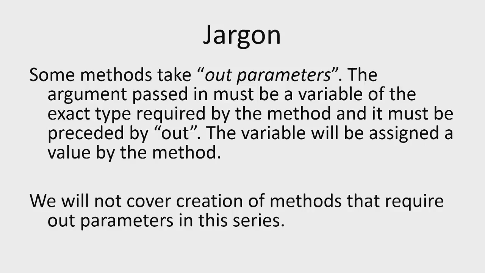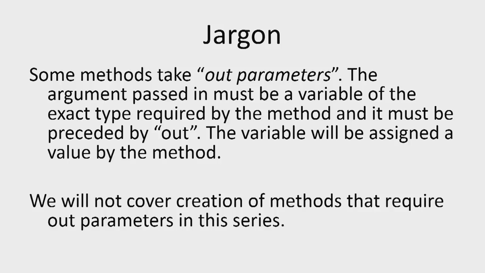So this is how we get around the fact that methods can only return one value, right? It's going to return a Boolean. It's going to modify a variable of integer type that we give it. Right? Now, clearly, you can create methods that have out parameters. We're not going to discuss how to do that in this course.